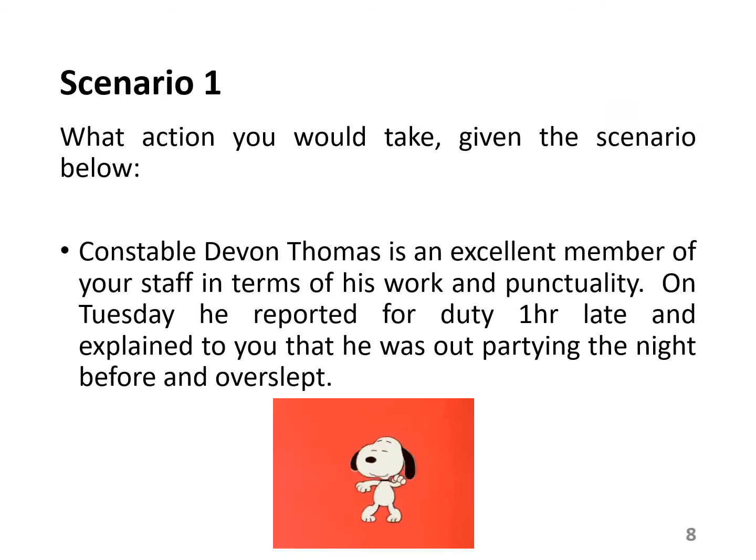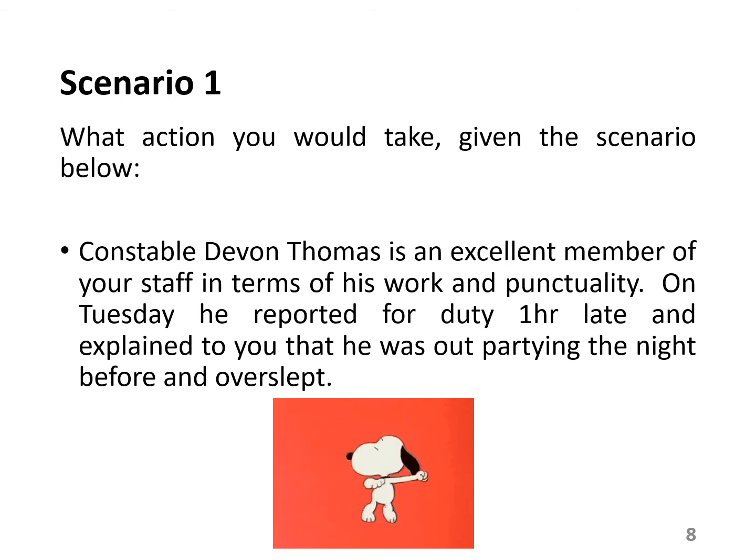The first scenario that we will look at is on the slide. It says that Constable Devon Thomas, who is an excellent member of your staff in terms of his work and punctuality, on Tuesday reported for duty 1 hour late and explained to you that he was out partying the night before and overslept.